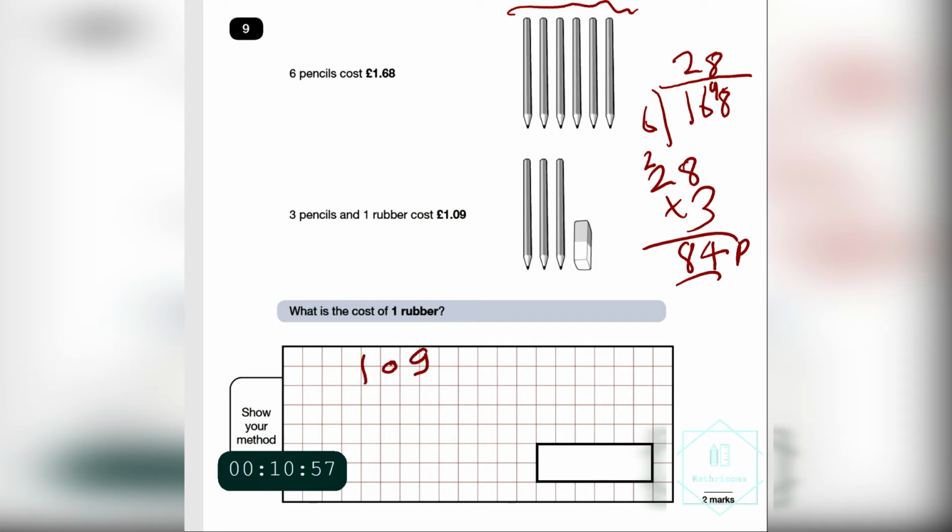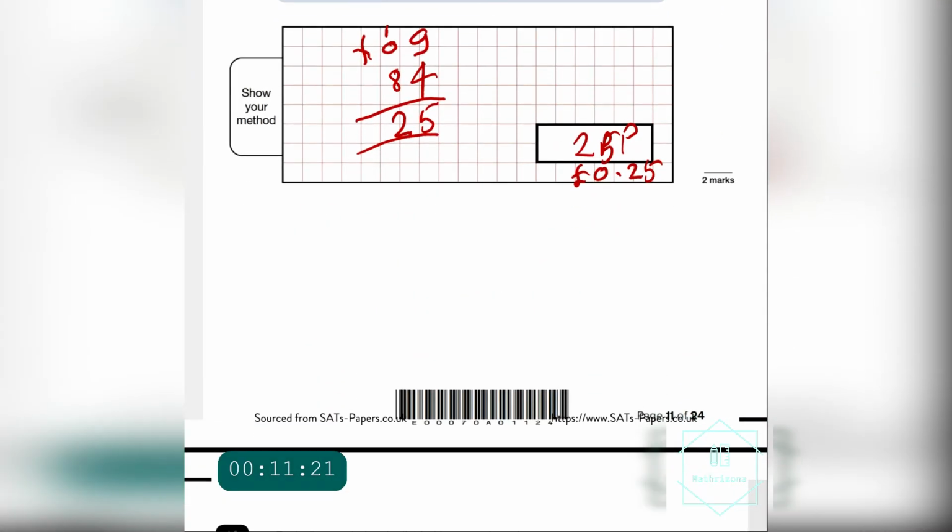We are working in pence for the moment, so in the end we will convert into pounds. 9 minus 4 is 5, then you can carry forward from here, 10 minus 8 is 2, so that is 25p, or we can write it as 0.25 pounds. Right? So let's move to the next question.